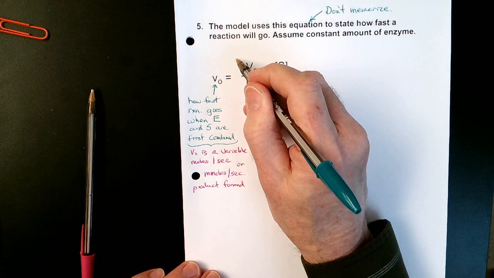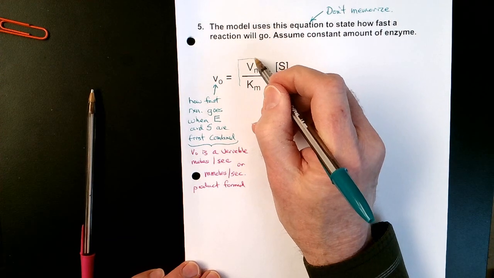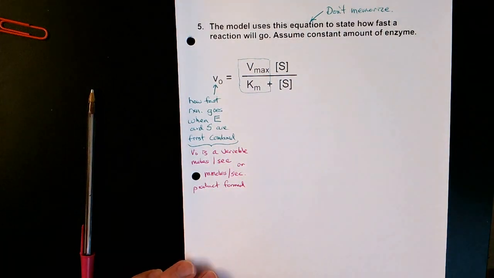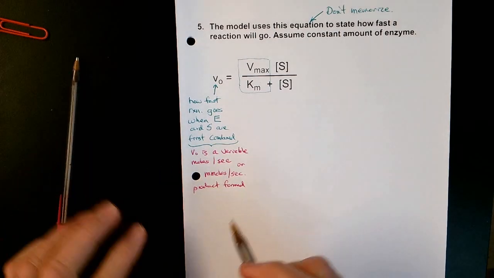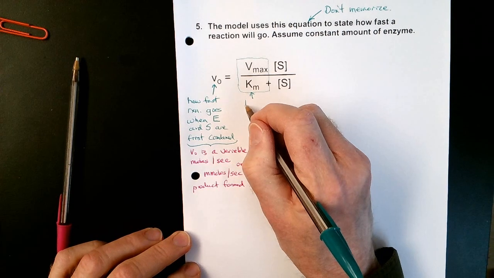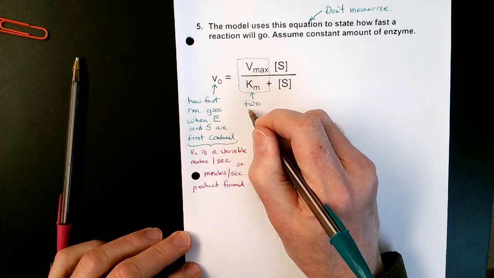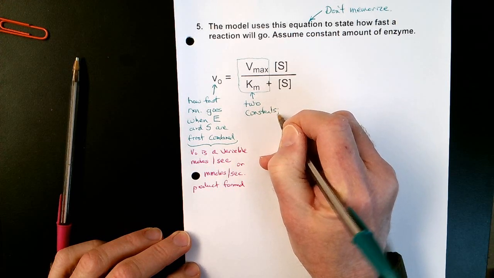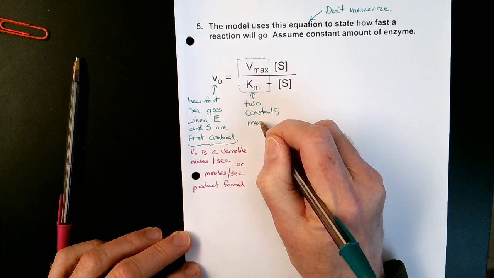Okay, then we'll kind of take these two right here as a chunk. Vmax and Km. All right, what are they? These are not variables. These are two constants. And they must be measured.